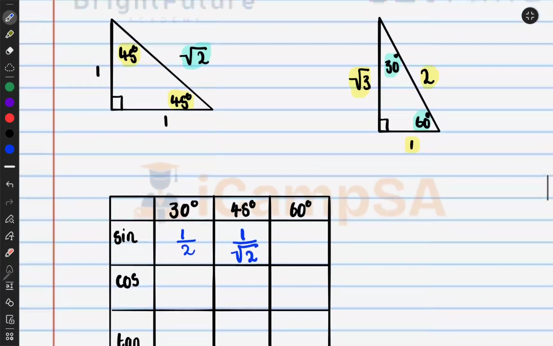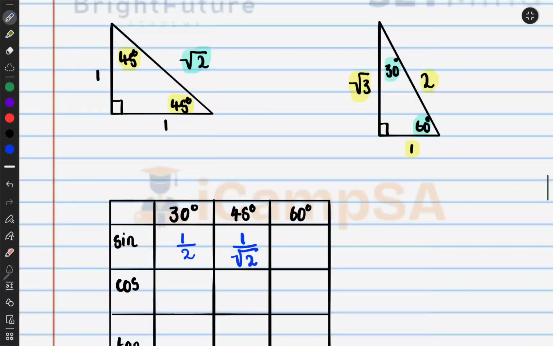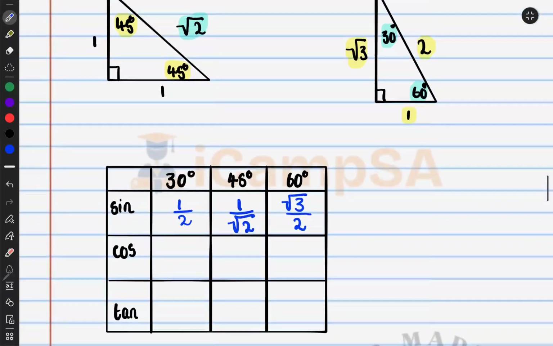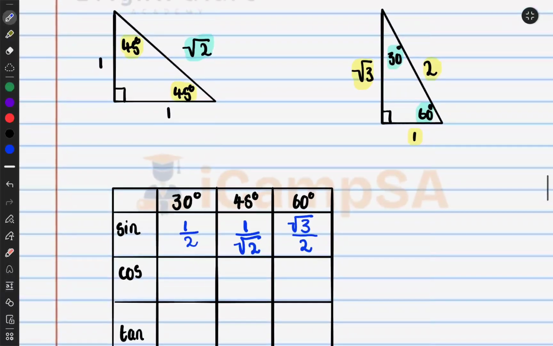Next we have sine 60. Which side is facing the angle 60? It is root 3 over the hypotenuse, which is 2. Therefore sine 60 is root 3 over 2. Then we have cos 30.